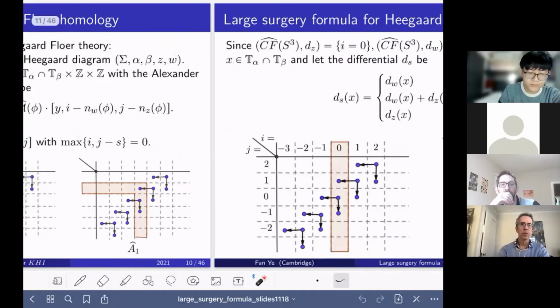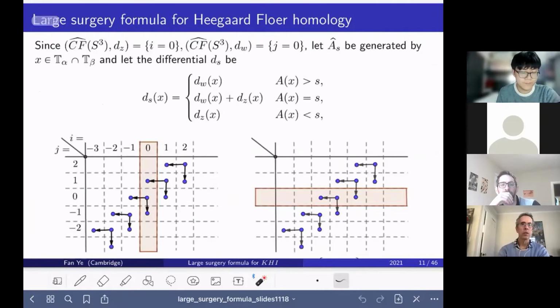And indeed, we can also define it just by intersection points in T alpha and T beta. If we consider the differentials d_z and d_w associated to two base points z and w, we define the differential to be d_w if the Alexander grading is larger than s, and d_z if the Alexander grading is less than s, and d_w plus d_z if the Alexander grading equals s.